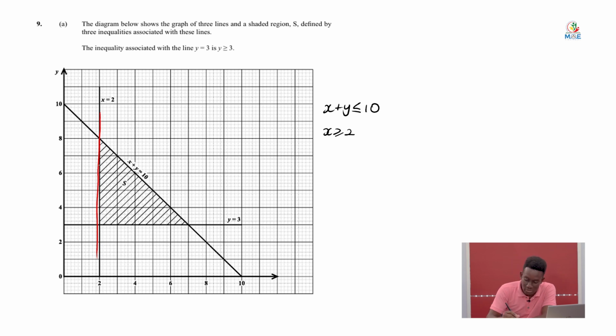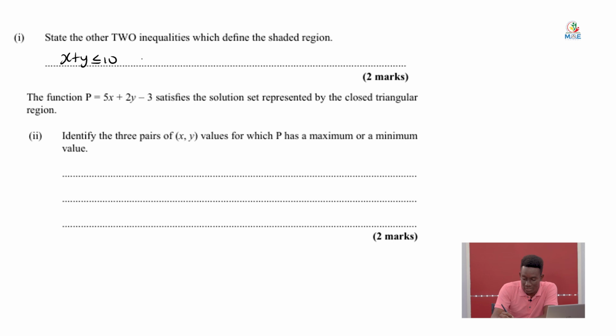And let's put in some values and see that it will satisfy this. Here the x value would be 3, which is obviously greater than 2. And let's put in another one here. That is 4, which is obviously greater than 2. So x is greater than or equal to 2. So the other inequality would be x is greater than or equal to 2.